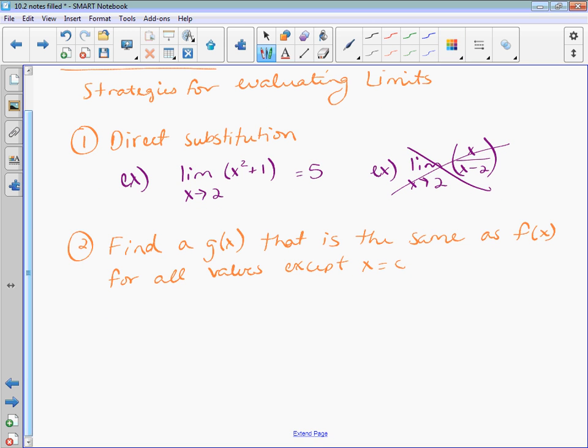That's a very wordy way to imply you're going to remove the hole. And I'll show you.